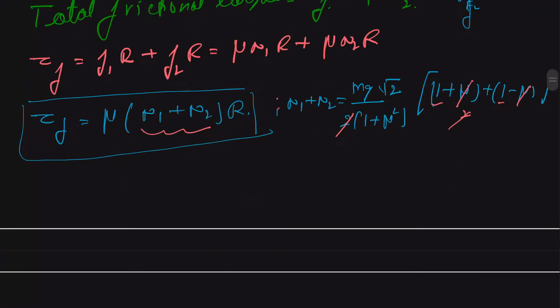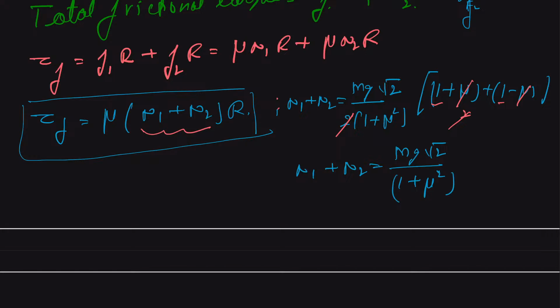Therefore N1 plus N2 will be equal to mg square root of 2 over (1 plus mu square).